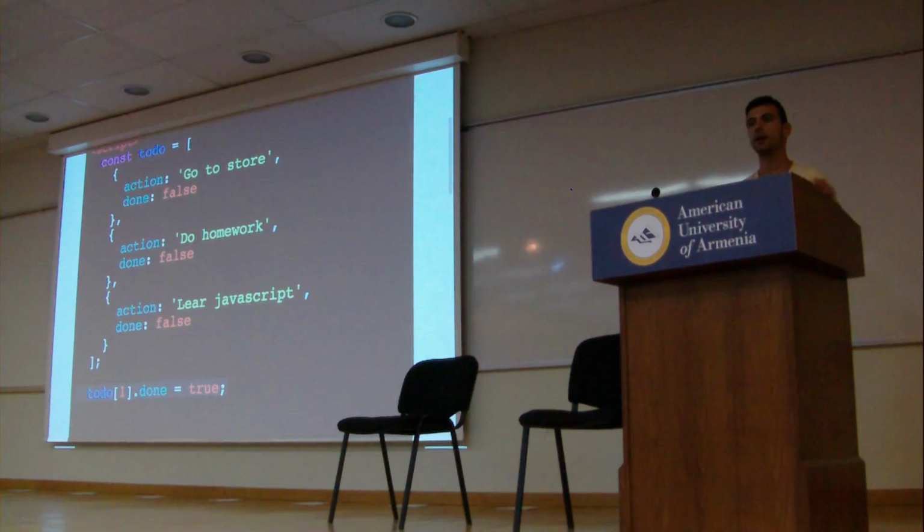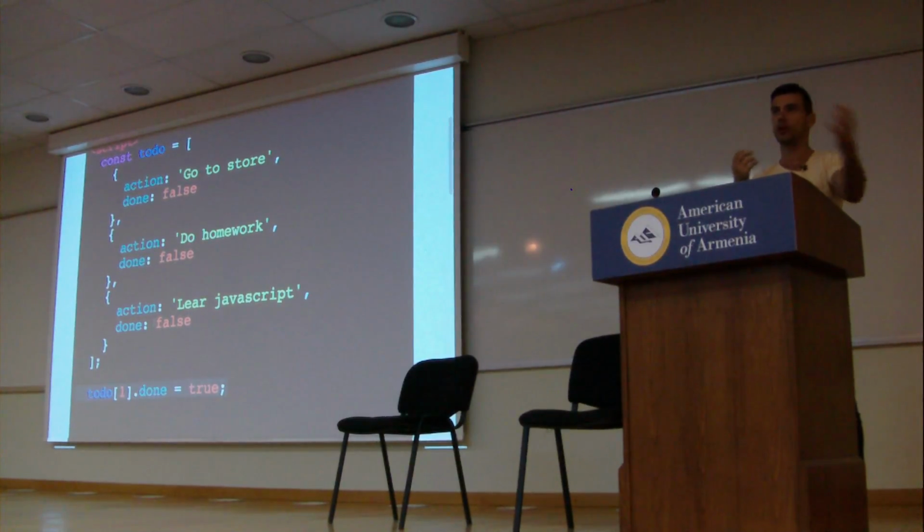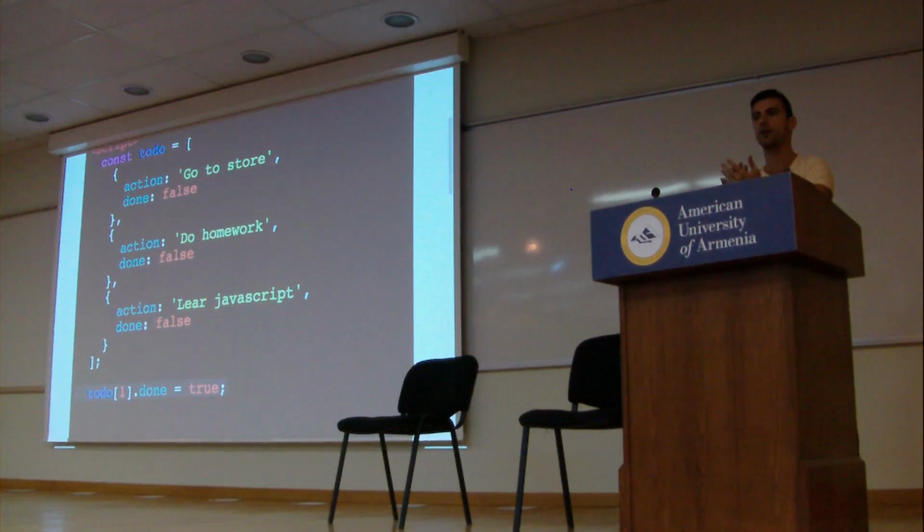So now the data reflects what is on the screen. You can then save that data, and when they open the application again, read the data back and draw it on the screen. And you will see go to store is not done, but do homework is done. Capish?